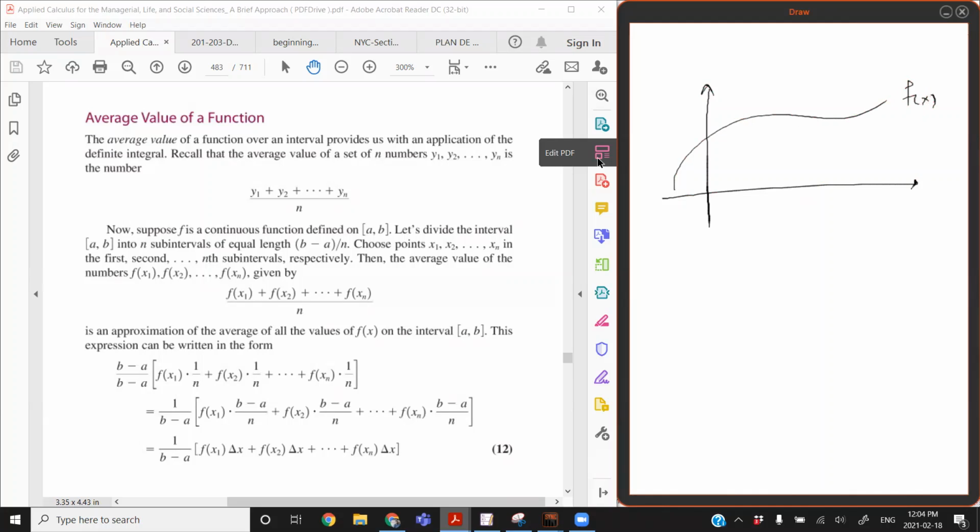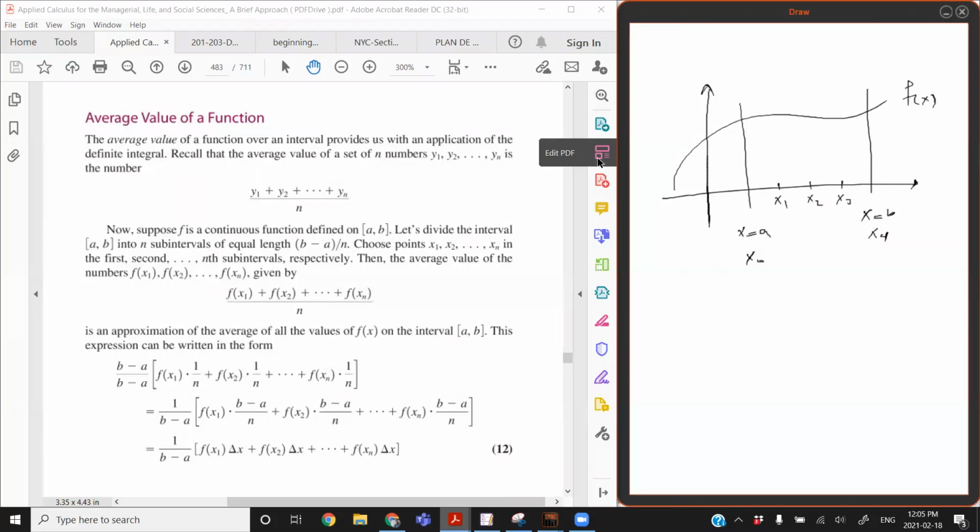Again, assume that f of x is a positive function that is defined from x equal a to x equal b, and we're trying to find the average value of this function within this range. So what we can do is we can partition from a to b. So let's say we partition that into 4 subintervals, so that this is x0, this is x1, x2, x3, and then b is going to be x4.